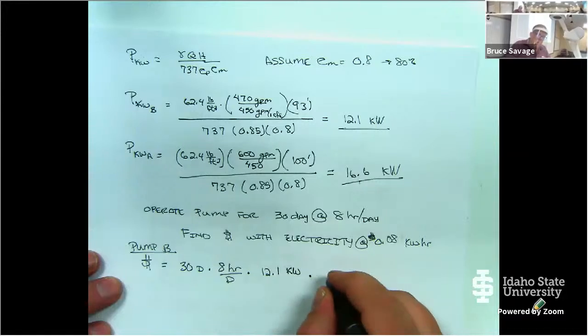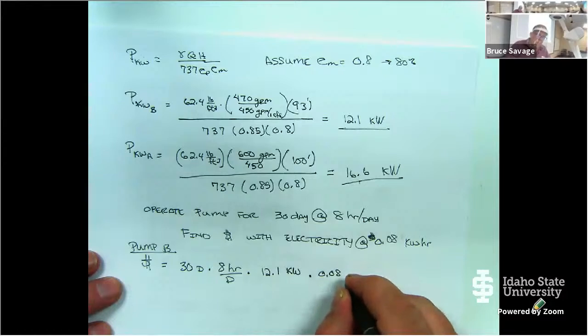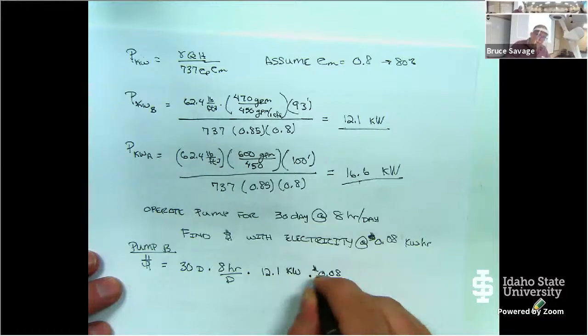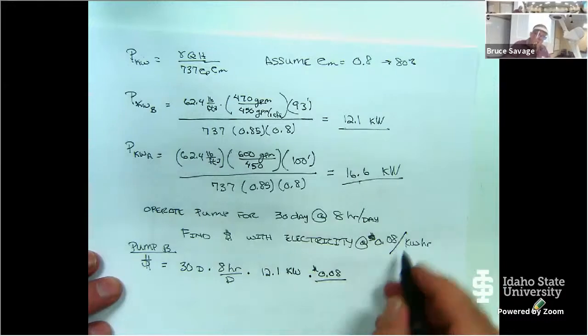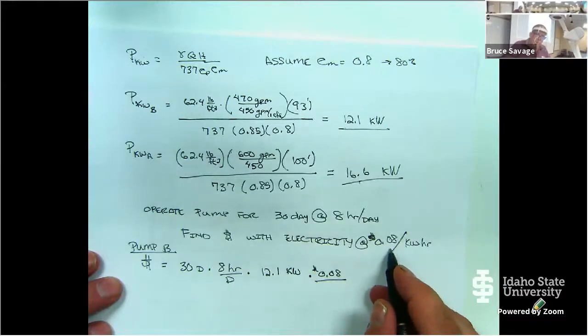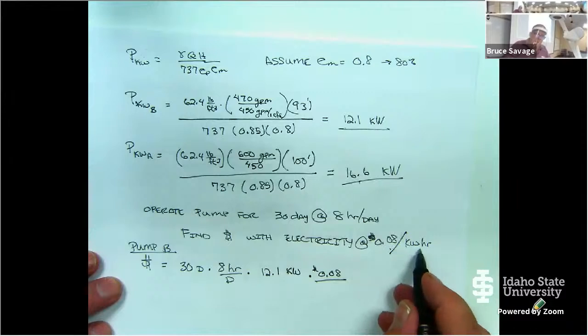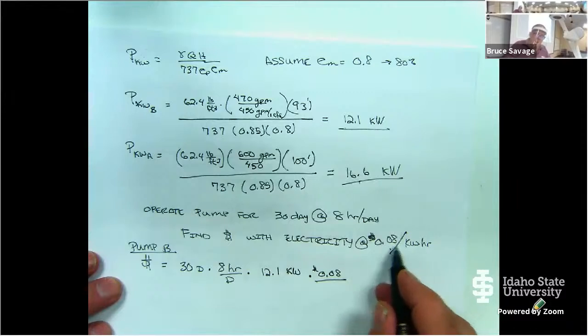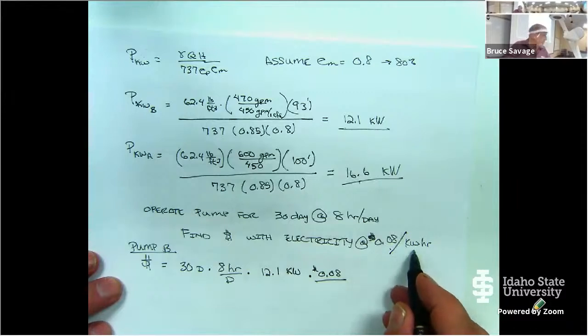And then we're going to multiply this by 0.08 dollars. Oh, I should have put, go back here. It's 8 cents per kilowatt hour, not 8-cent kilowatt hour. It's a pretty important distinction right there. So 8 cents per kilowatt hour.